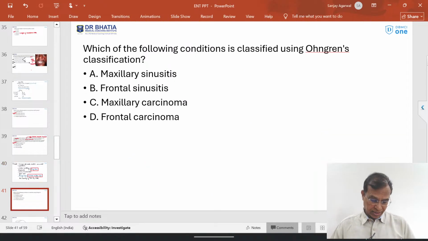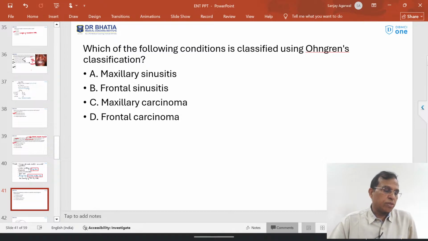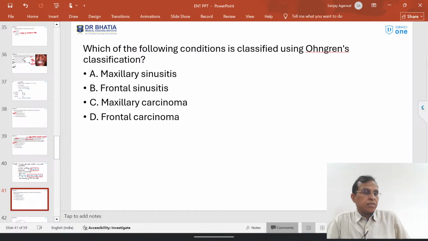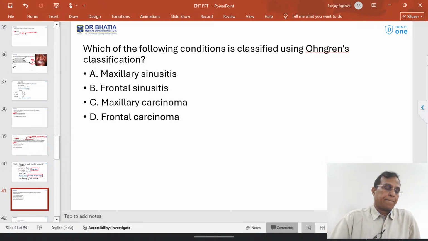Which of the following conditions is classified using Ongrain's line? Ongrain's classification: maxillary sinusitis, frontal sinusitis, maxillary carcinoma, frontal carcinoma. So what is the answer in this case? Ongrain's line, Ongrain's classification इनमें से किसके लिए यूज होता है?